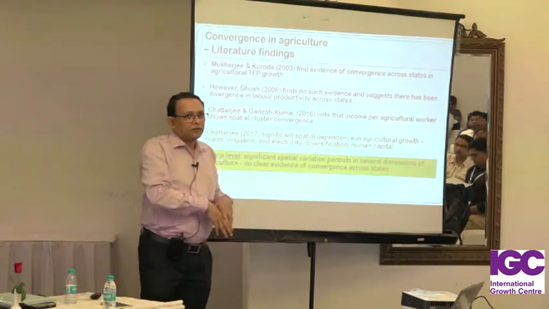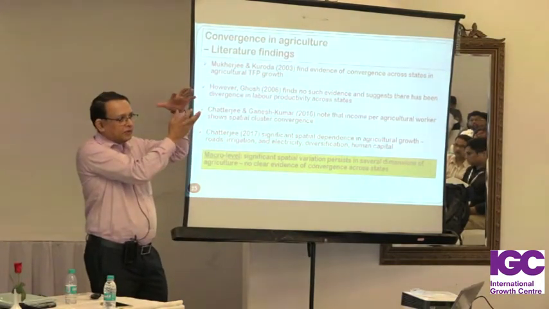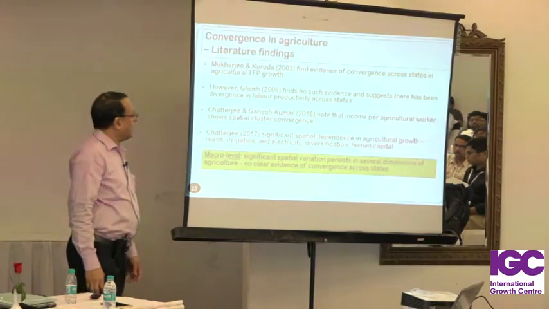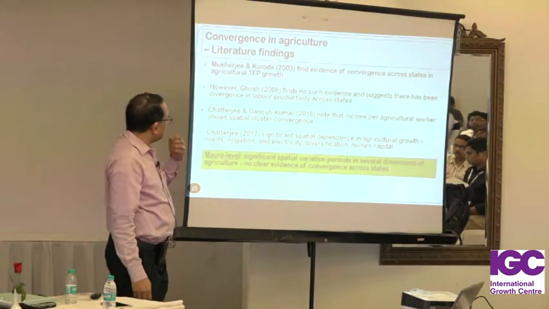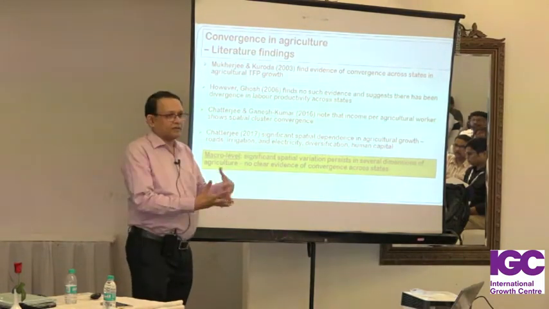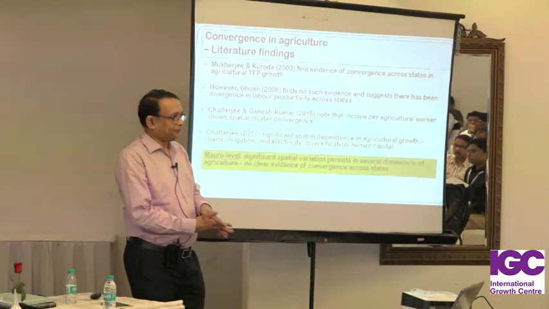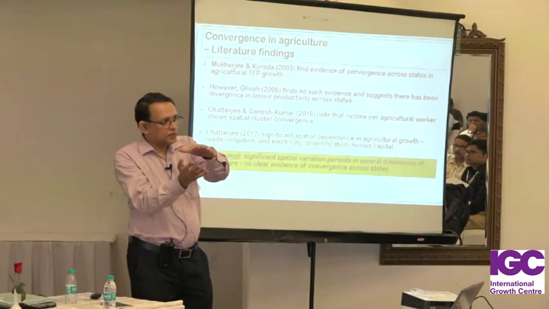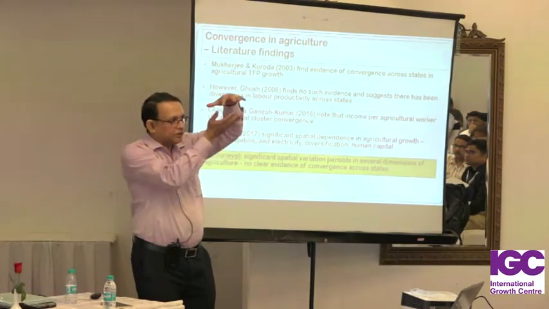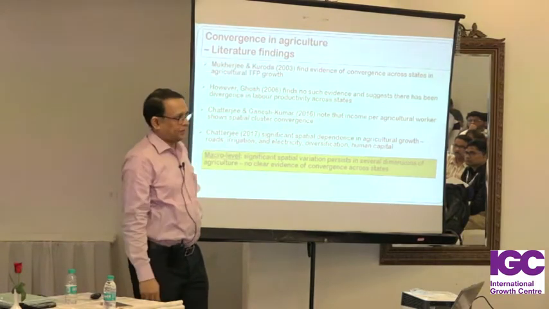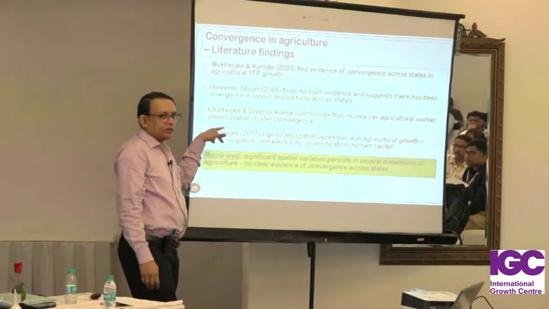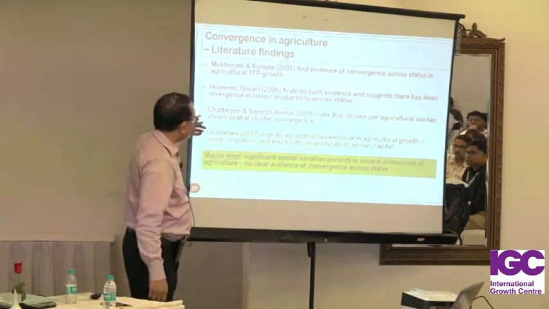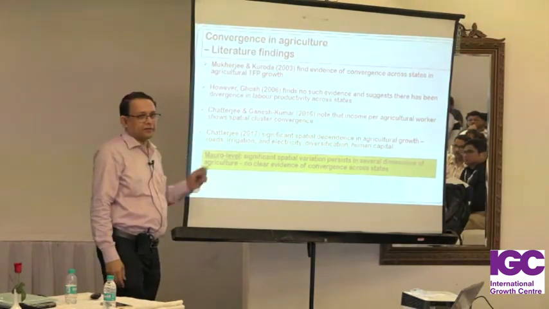Is there a clustering of states in terms of income levels? What we find is that there is in fact cluster convergence happening. You find there are some groups of states clustering at different levels of income, but there are also variations over time, that I will talk about in greater detail in my next lecture.